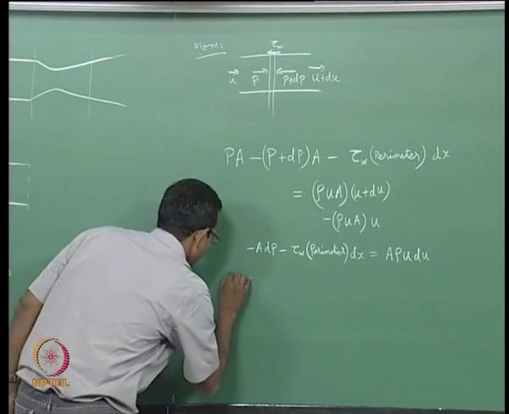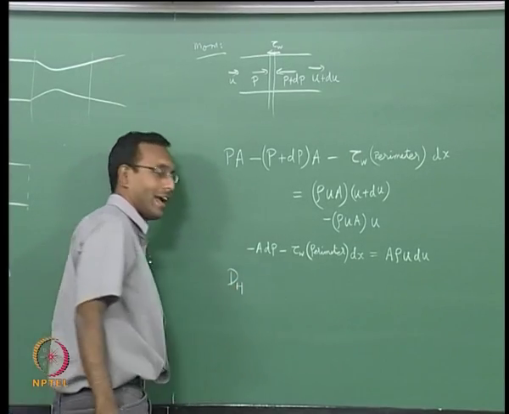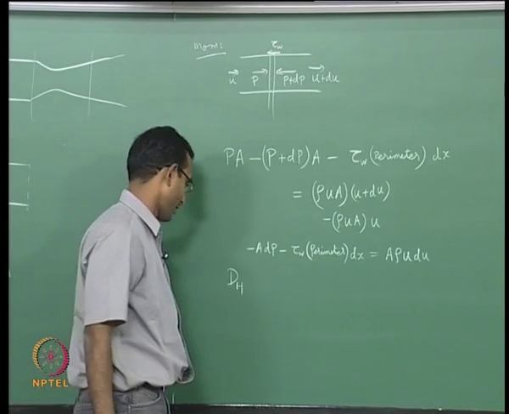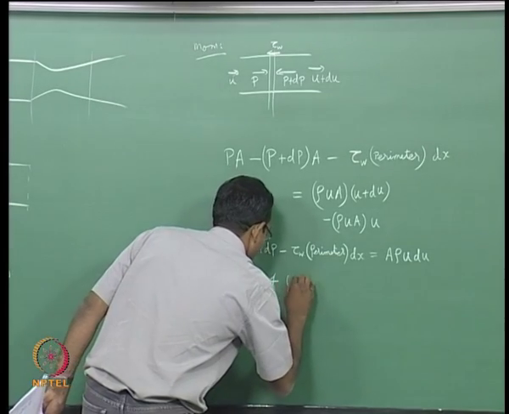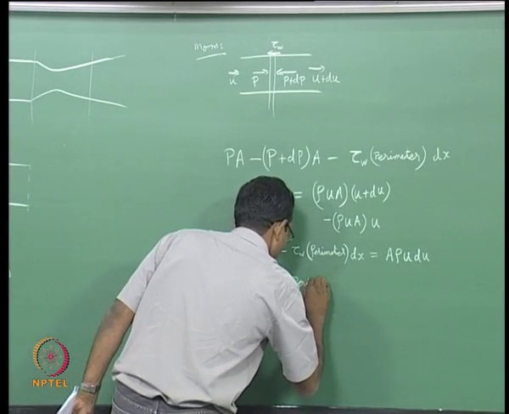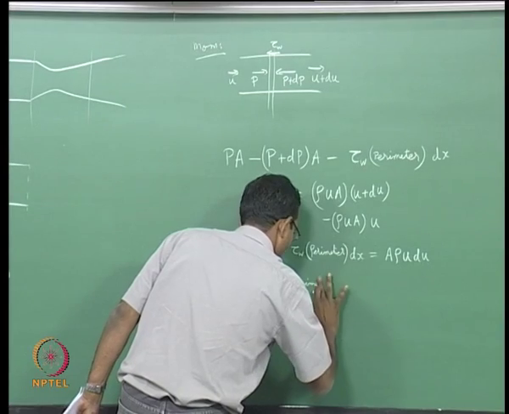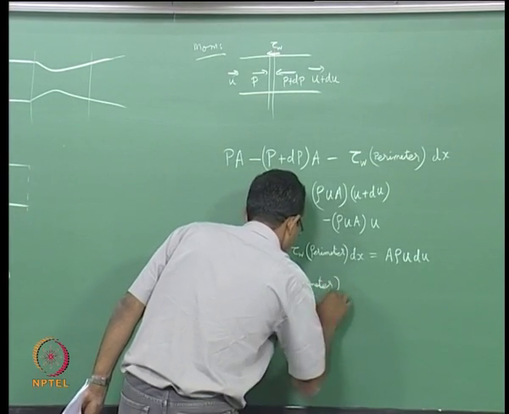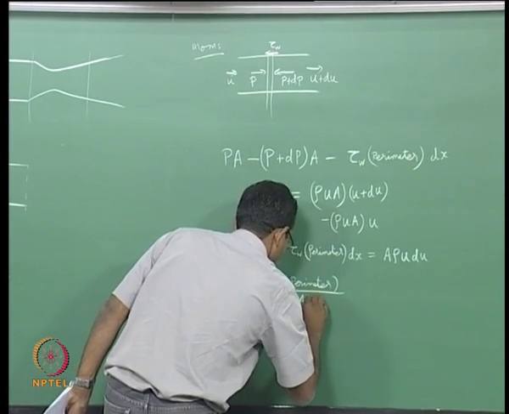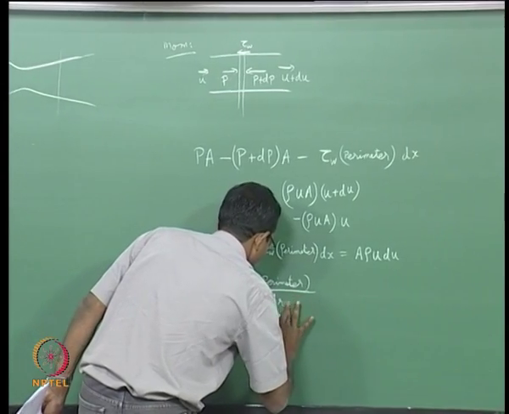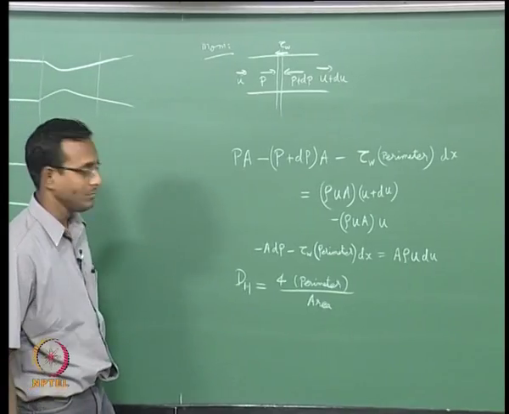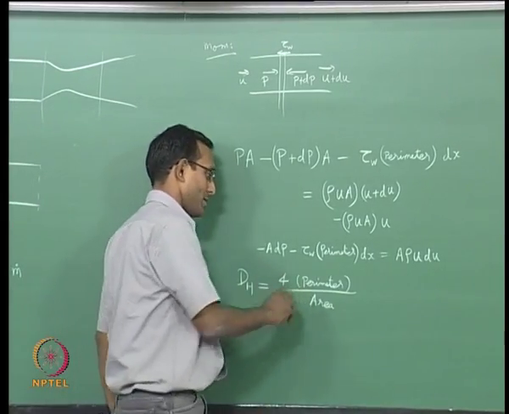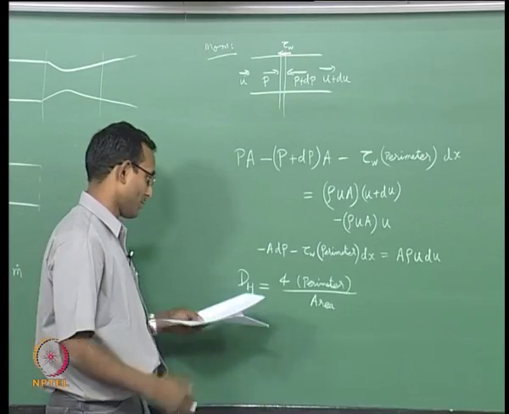We will define something called a hydraulic diameter. Okay. Hydraulic diameter, which is defined as 4 times perimeter divided by area. When I say area, it is the cross section area available for the flow. Okay. 4 times perimeter by cross section area, that is what I am going to have.